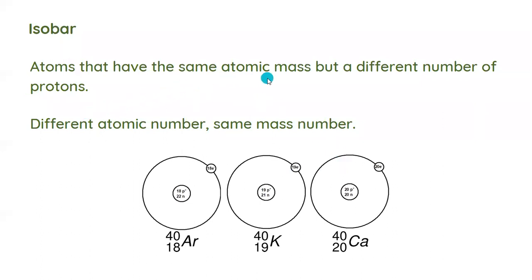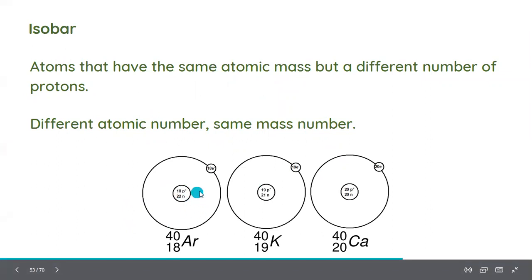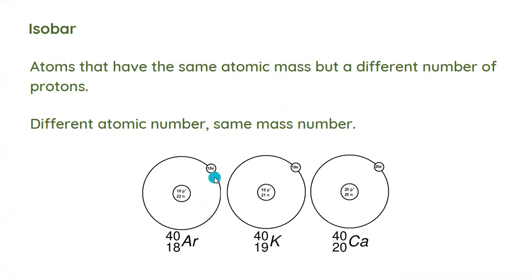Isobars, on the other hand, have the same mass number, but a different number of protons. So they have a different atomic number, but the same mass number. Here, if you can see, the number of electrons is different: 18, 19, and 20.